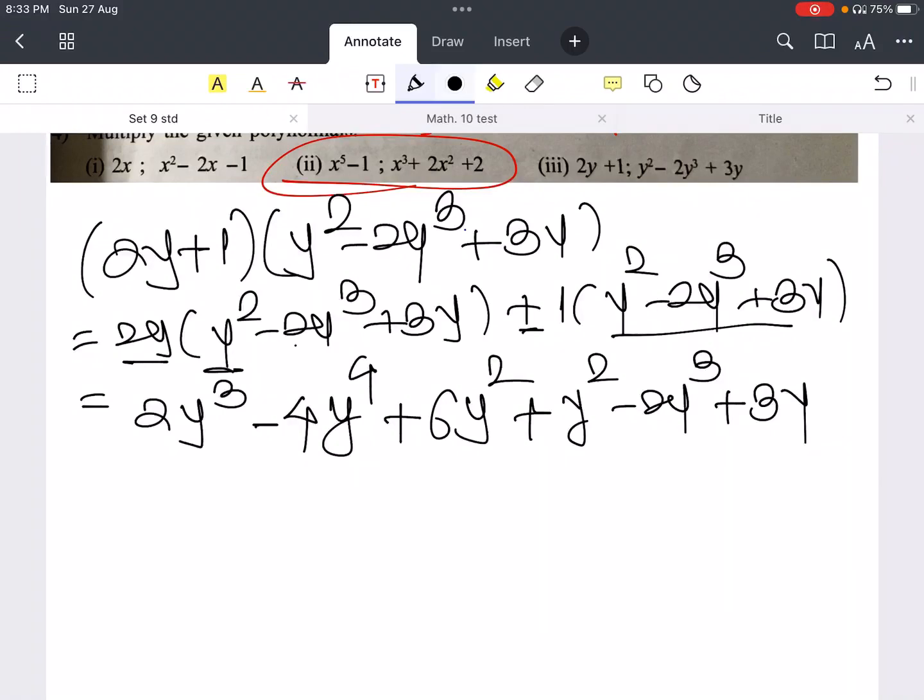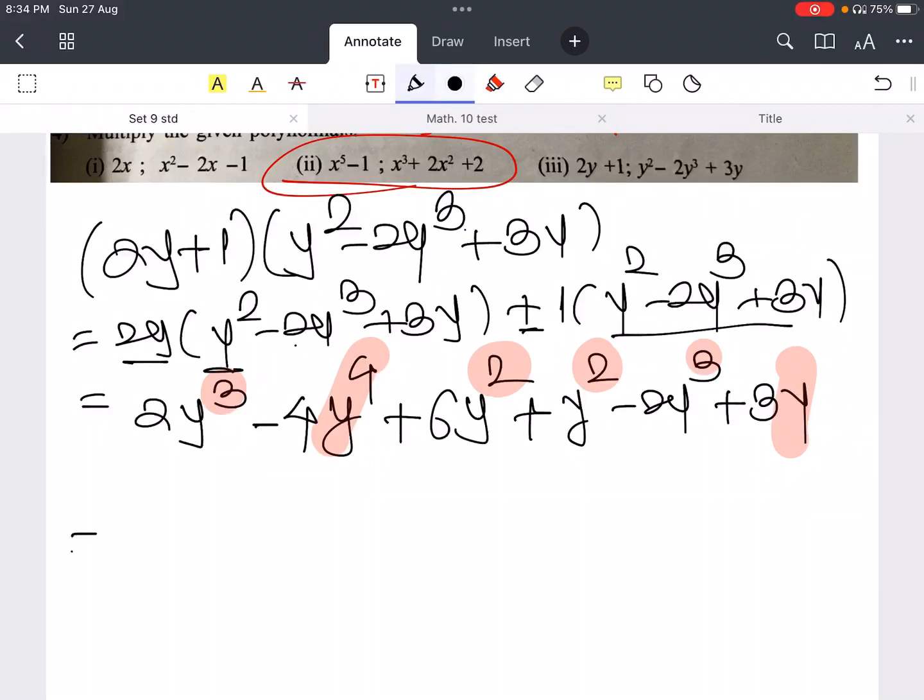Now as per the previous one, like terms will add with the like terms. Here, y square is there, y square is there, y cube is there, y cube is there, y raised to 4 is a lonely term, and y is a lonely term. So those which are like terms we will add, and the remaining all we will keep as it is.